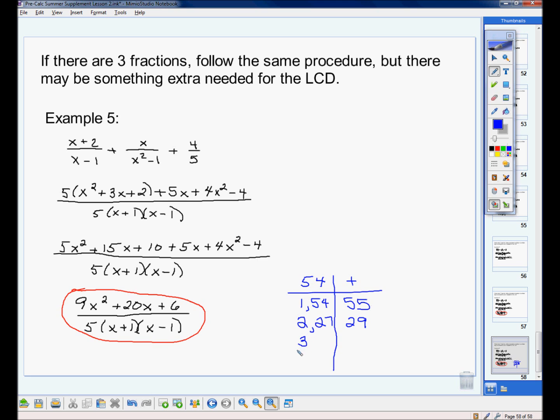We'd check 3 and, let's see, 3 goes in 3 times 18, and that only gives you 21.